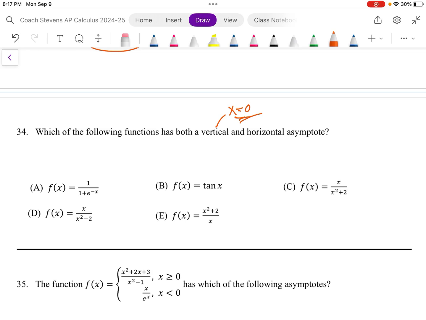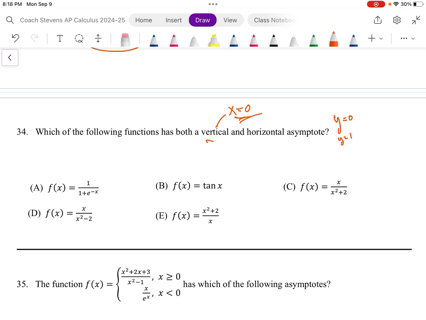In order to have a horizontal asymptote, you can either have y equals 0, which means the bottom degree is bigger than the top, or the degrees are the same, which gives me the ratio of the coefficients. So now I'm going to go off the first part, vertical asymptote. We can eliminate choices.